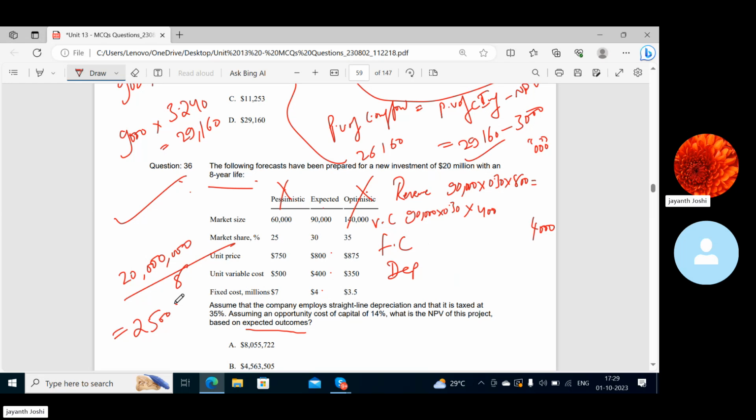Okay, so depreciation, 3 zeros omitted, right? So depreciation, if we take 35%, can you do that? 8,75,000. So this is the depreciation amount.